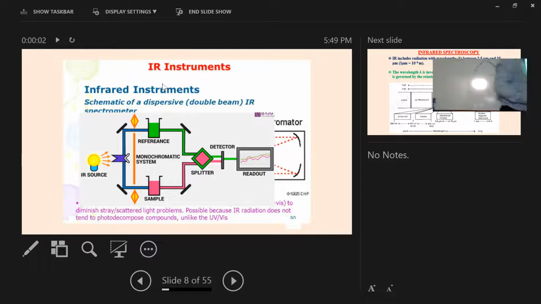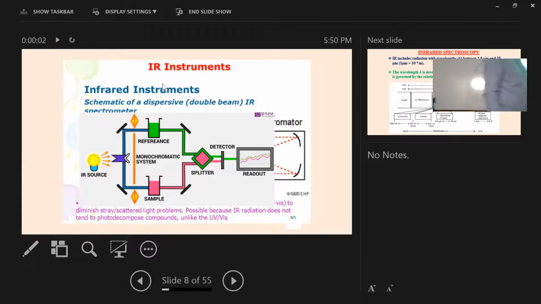We are collecting the light after the absorbance. If the molecule absorbs some light, in that case, we will have the intensity of the light a little bit reduced. Because here we have another portion, here 50%, here another 50%. So if this is our reference, it should not absorb at all.